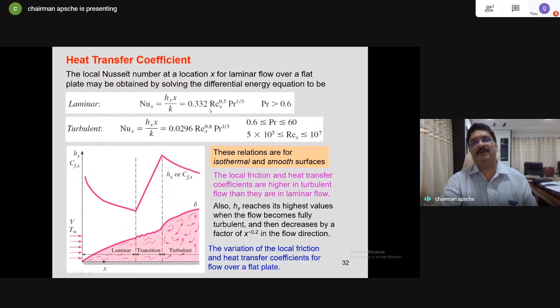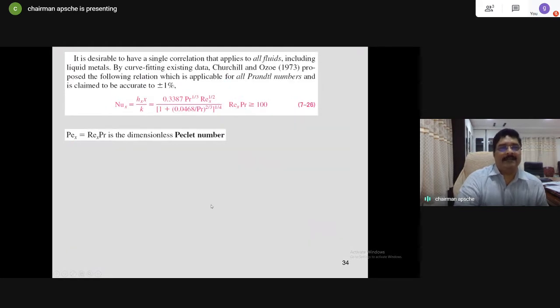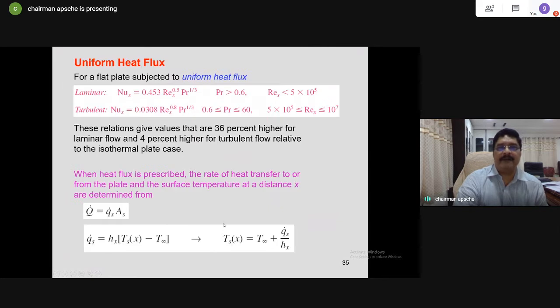Nusselt L will be equal to this. And for turbulent, this is it. These are all local values, and to get the average value, you can multiply this by 2. These are some of the equations you can go through in your data book. The product of Reynolds number and Prandtl number is the Peclet number, and I close the flat plate discussion here.